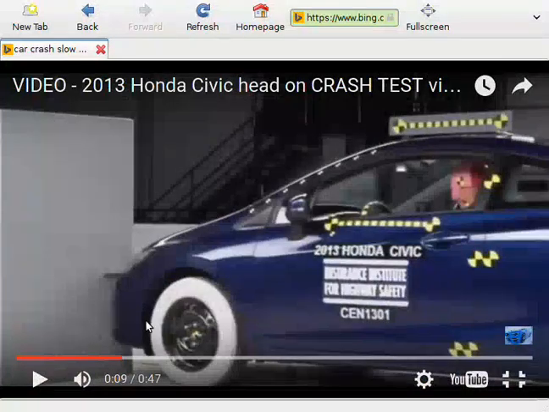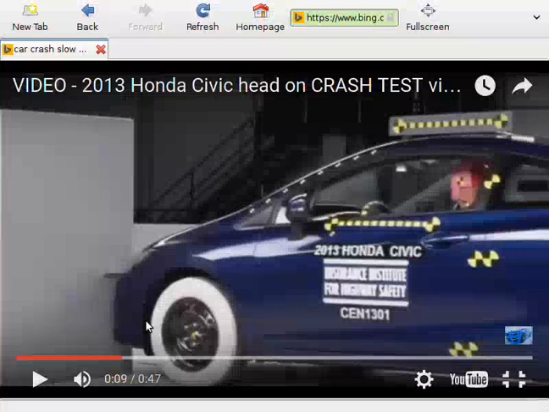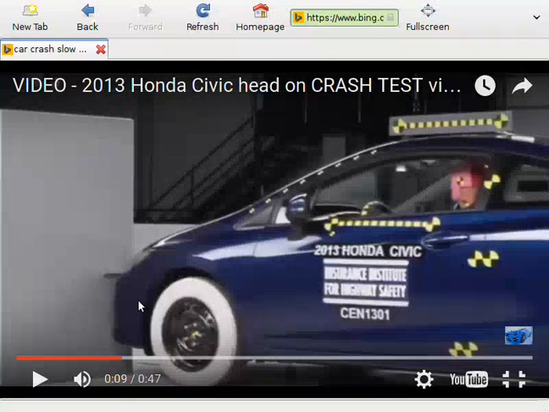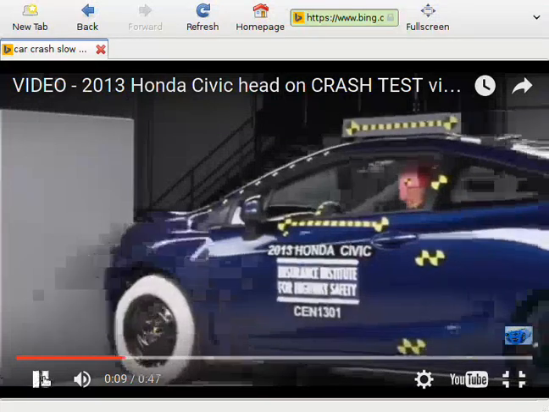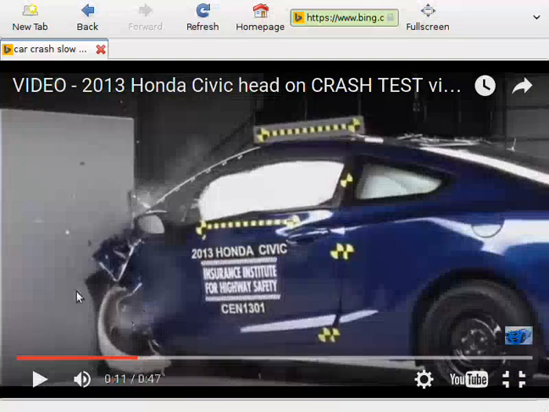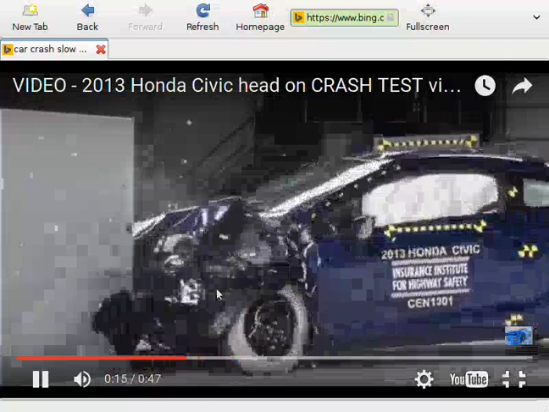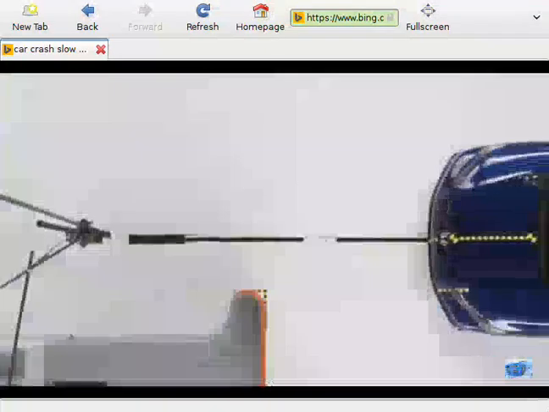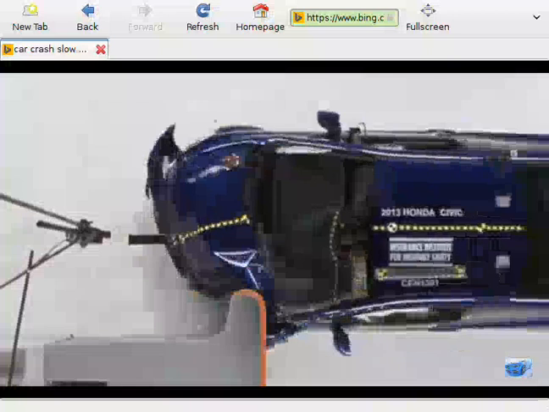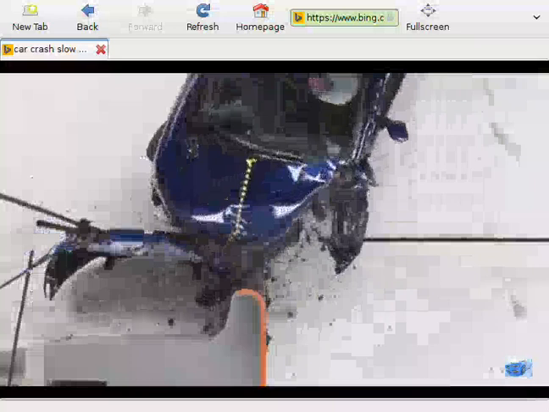Institute of something Highway Safety. You want something like this? No, that's explaining it. There are a lot of videos of these crashes. I don't want explaining. Car crash slow motion. First one. Boom. No. This one is great looking, but I think this is the one I really want.